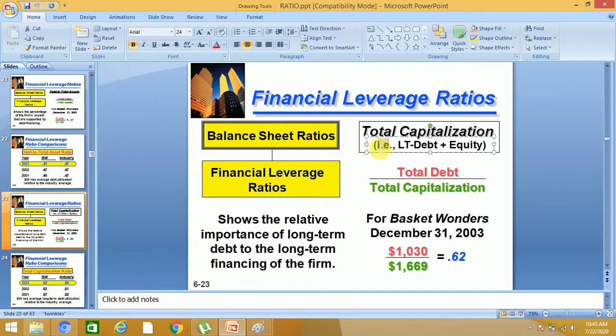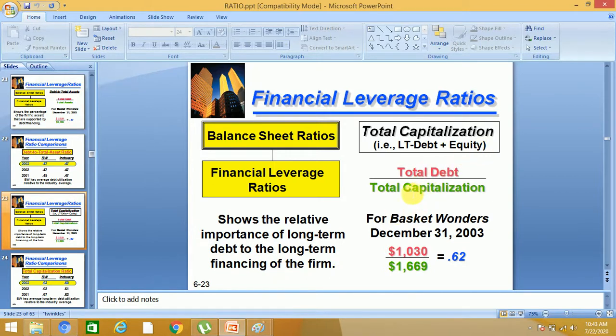And what does total capitalization mean? It means long-term debt plus equity. Only long-term debt, not short-term debt. It shows the relative importance of long-term debt to the long-term financing of the firm. How important is the long-term debt to the long-term financing of the firm.